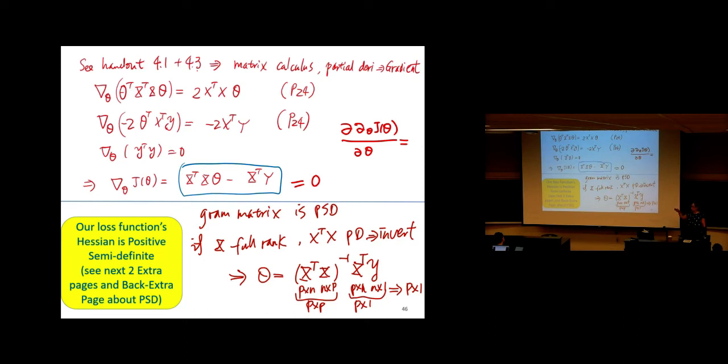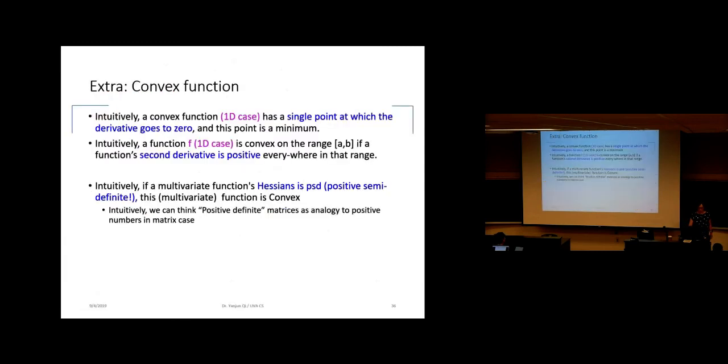The Hessian is X transpose X. So my function's Hessian is a Gram matrix form, and this is positive semi-definite if X is full rank, which connects to the previous page. It's guaranteed my loss function is convex. It has a minimal point.